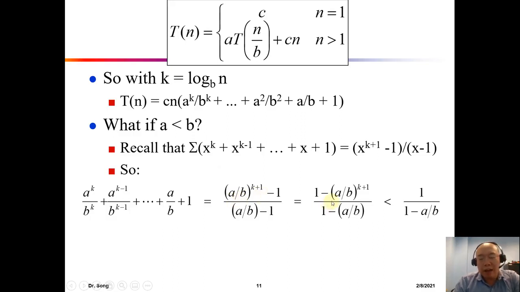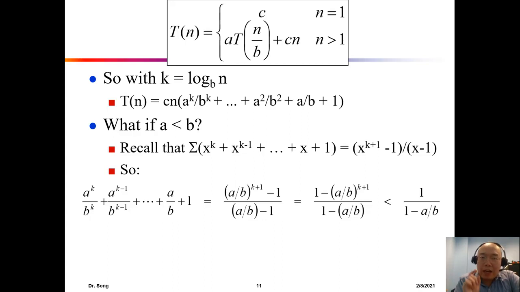So when we have this, remember, a is smaller than b. So what's the value range of a divided by b? a is the smaller value and b is the larger value. So a divided by b should be somewhere between 0 and 1, right? And consider k will be a large value.